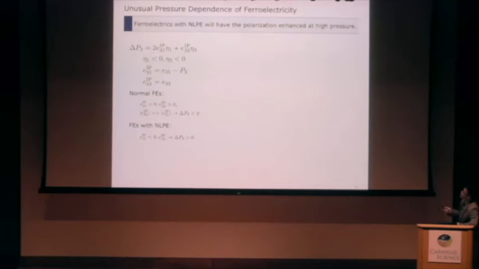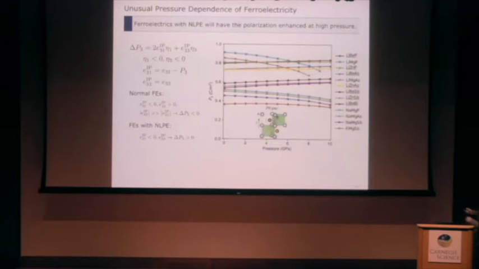So the strain change is negative. For normal ferroelectrics, because of this very positive E33 term, the polarization change is negative. However, for ferroelectrics with negative piezoelectric coefficient, this will result in polarization enhancement. And this is indeed what we observed based on our DFT calculations.